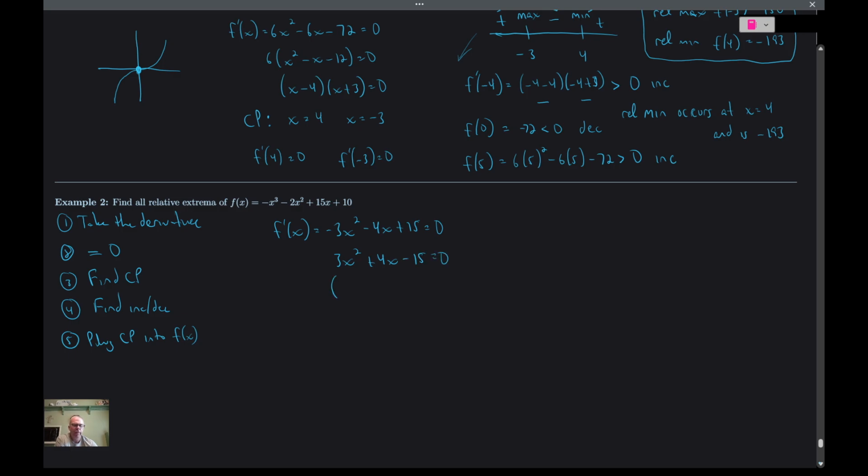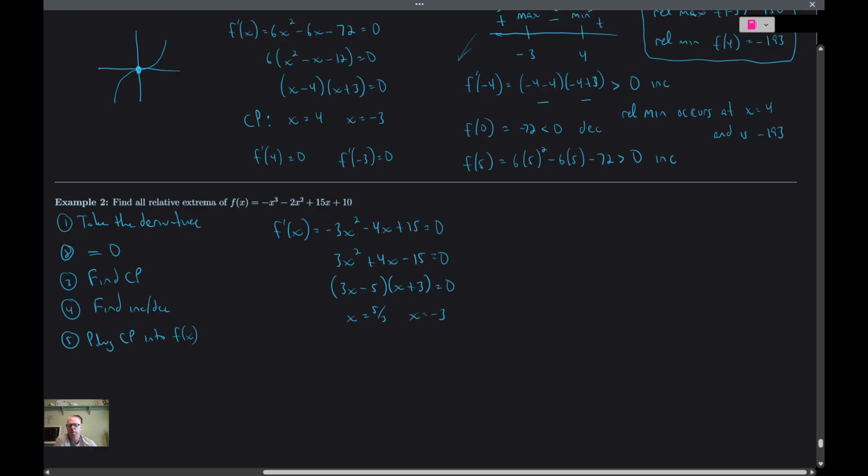When we factor this, we have 3x minus 5, and then x plus 3 equals 0. So we get our critical points: x equals 5/3, x equals -3. So now let's find where we're increasing and decreasing. Put -3 and 5/3 on the number line.